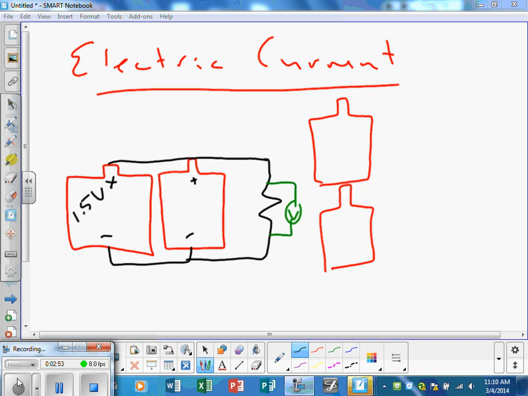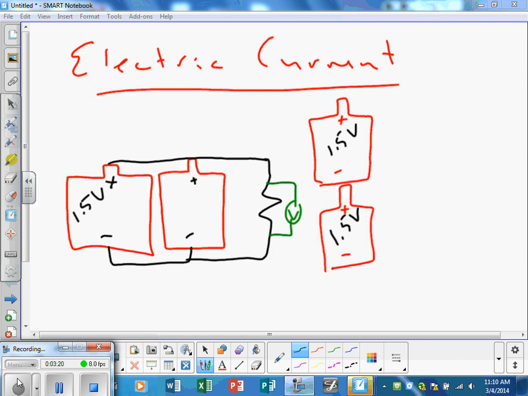But if we have our batteries in series, like this, then we have a plus, negative, and each of these batteries has a 1.5 volt difference from one terminal to the next. But you notice that they're arranged differently.